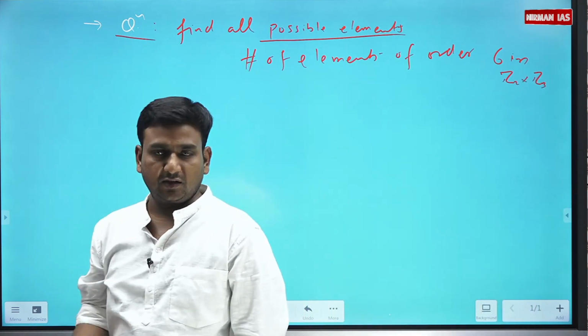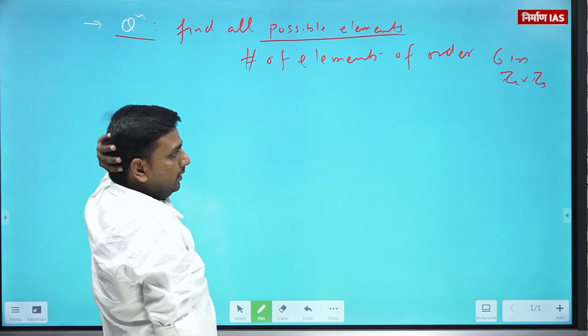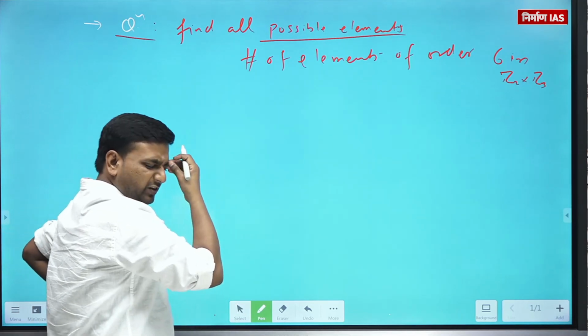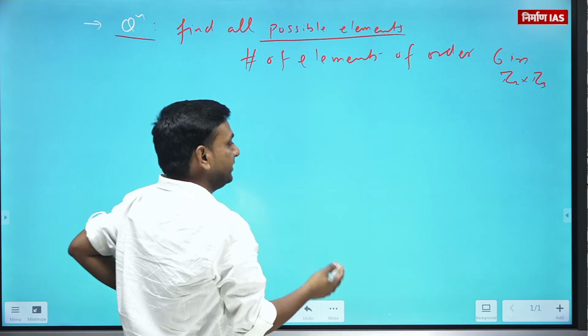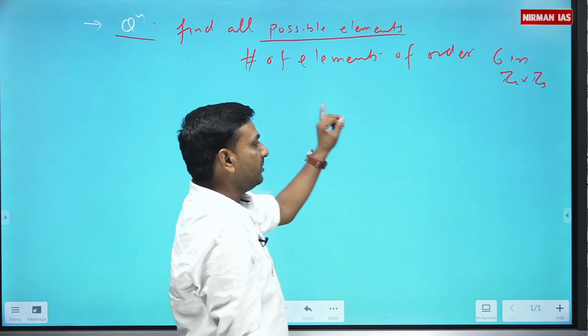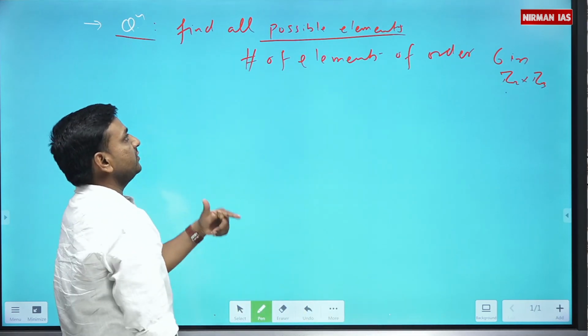I have taken this example knowingly because just before 5 minutes we discussed that if I want to find the order of some element of this group, how to find that order. Now I have reversed that part.